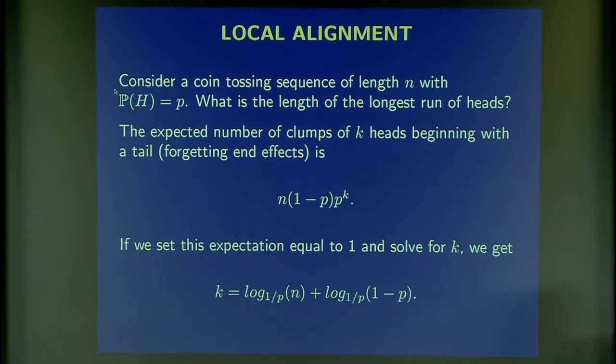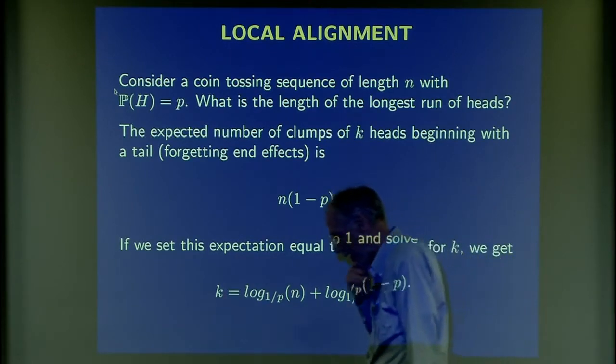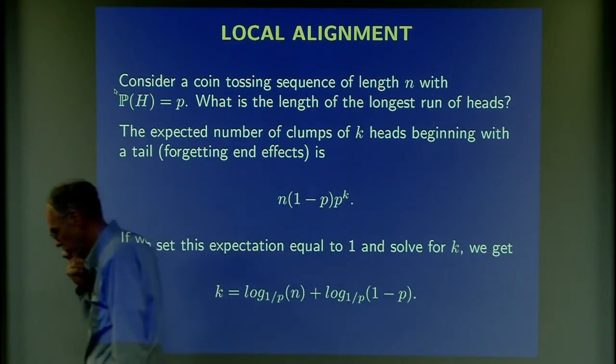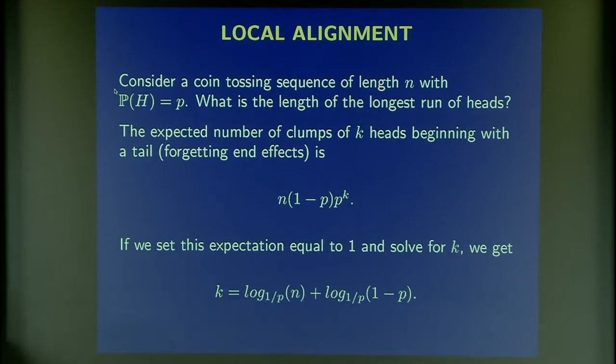So let's switch to local alignment, and we'll just do it in coin tossing first. So we're going to toss coins, and what's the length of the longest run of heads? The story I want to tell about this is the story of the Hungarian school teacher.